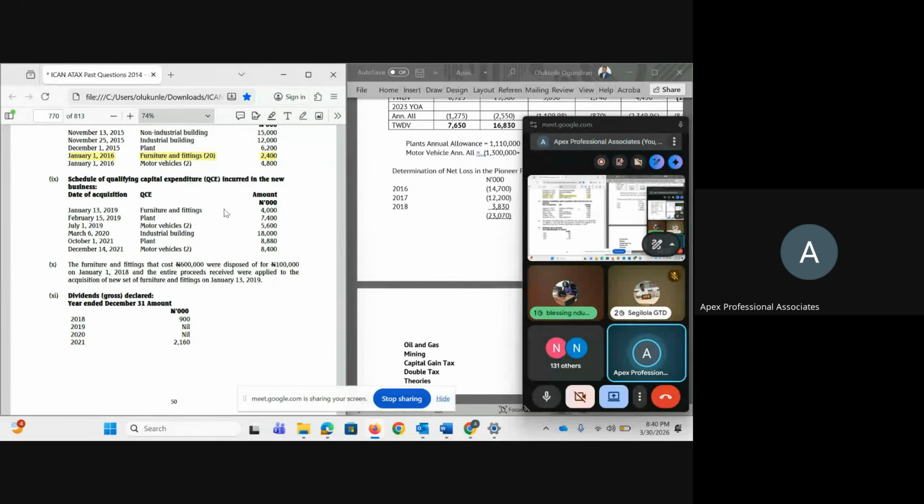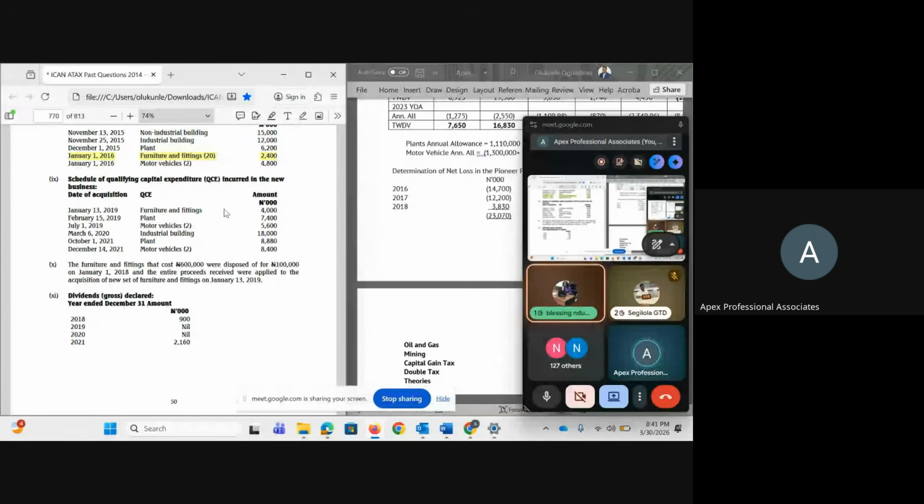You have 2-seater chairs, 3-seater chairs, and the sofa. Let me use that example. The sofa cost 600,000. The 3-seater cost 1.2 million. The 2-seater also cost 600,000. So the man sold only the sofa for 600,000. It means the 3-seater and the 2-seater still exist. Do you understand now?